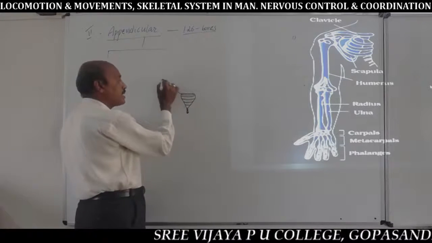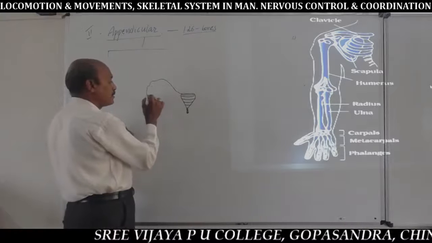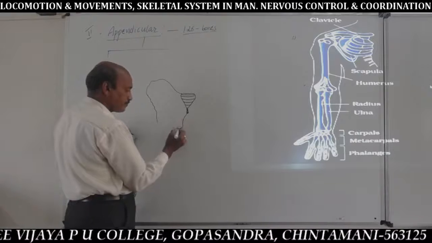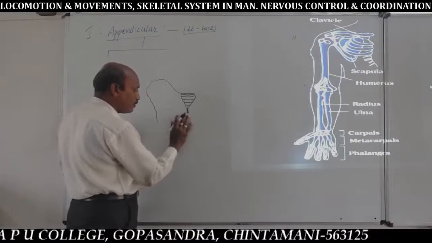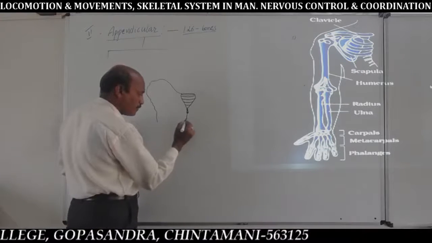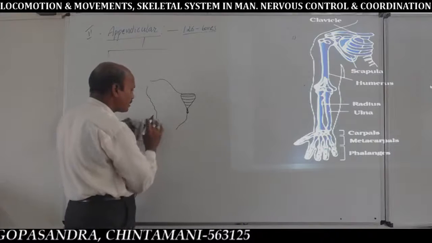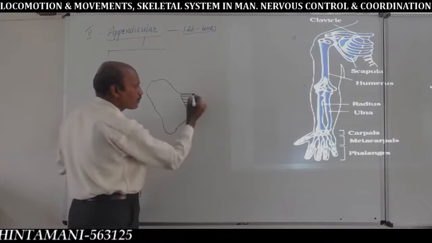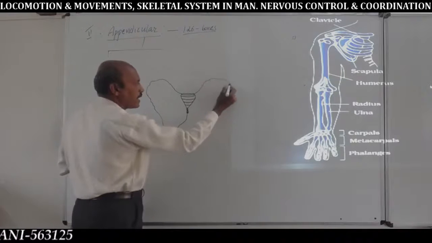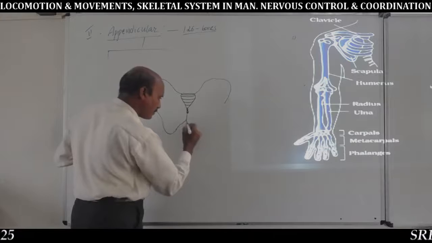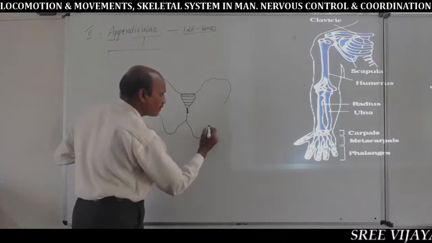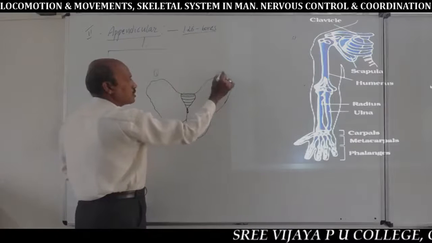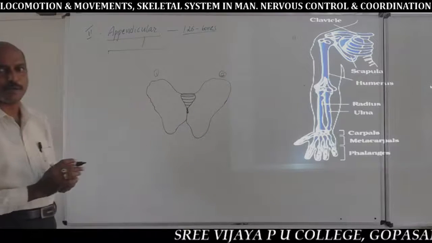On either side of the sacral bone are the two sub-bones. You should remember this point.